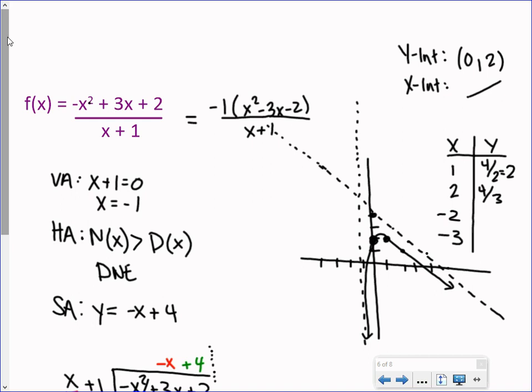So -2 squared would be 4, but then it would be negative. So that would be -4 minus 6 is -10, plus 2 is -8. And then in the denominator, -2 plus 1 is -1. So that's like 8.